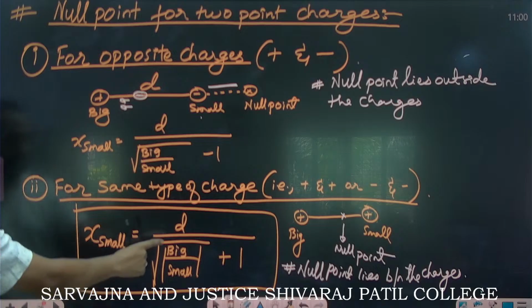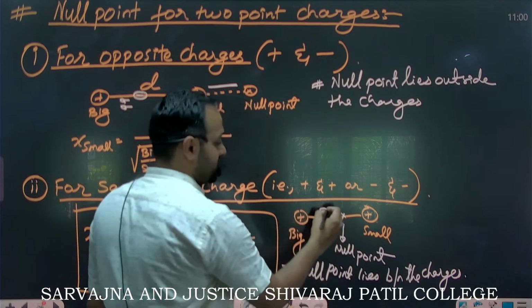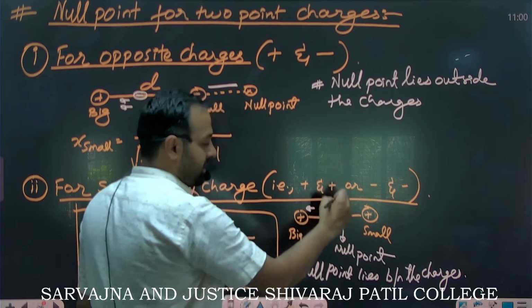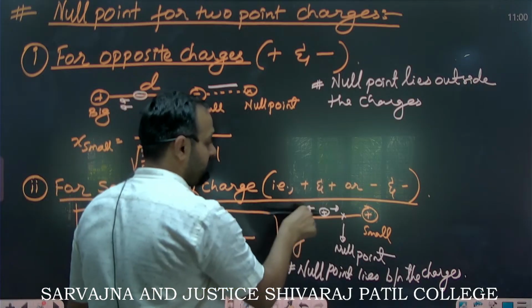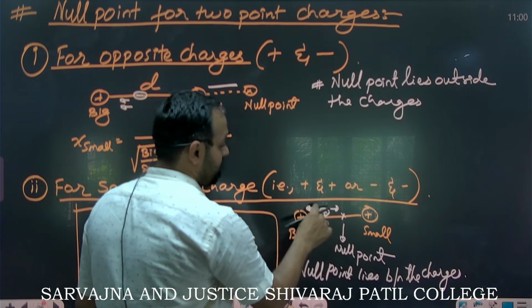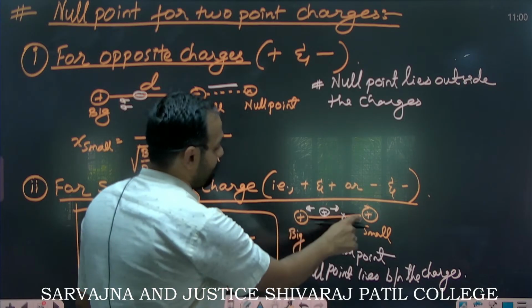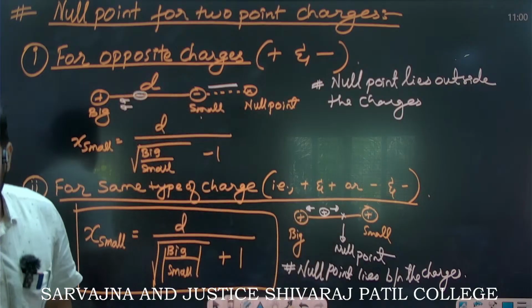Think about it. Now, if you take a positive charge, because of this one there will be repulsion in this direction, and because of that one there will be repulsion in the opposite direction. So when the charge is placed in between both of them, there is a possibility that the two forces become equal and cancel. Since the charges are the same, the null point will be in between.